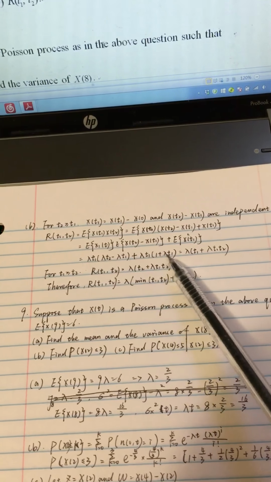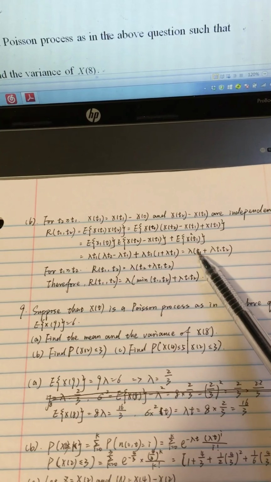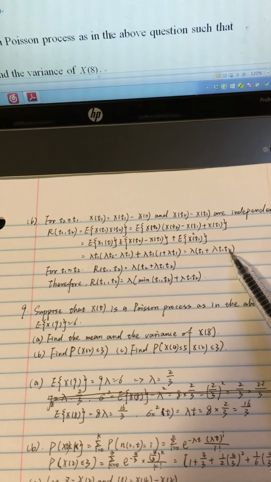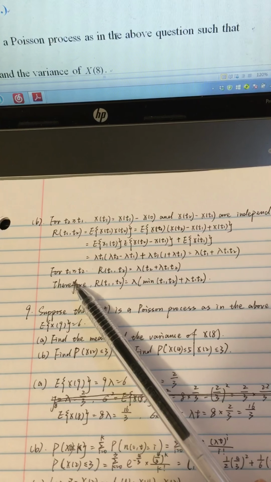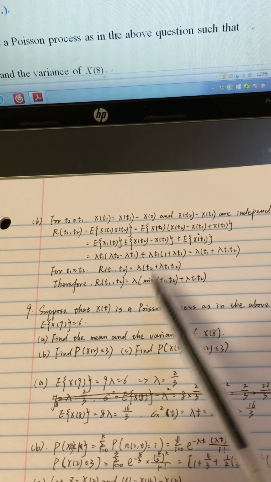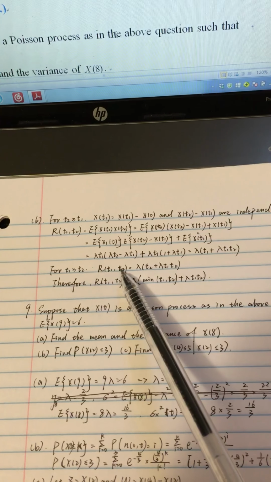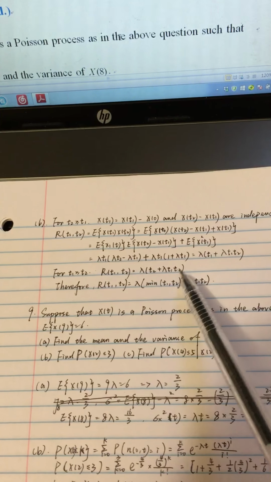We could get this one, and by calculation the value is lambda times t1 plus lambda squared t1 t2. And the second condition is for t1 greater than or equal to t2. Similarly, you could get R_X(t1, t2) is lambda t2 plus lambda squared t1 t2.